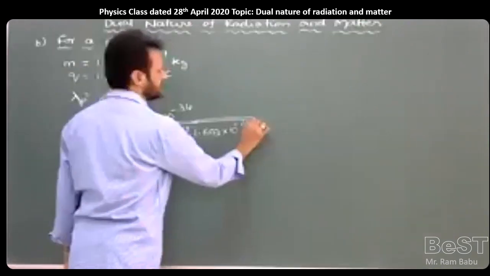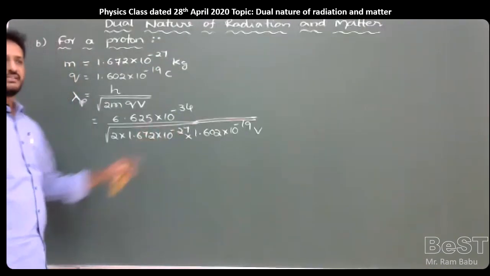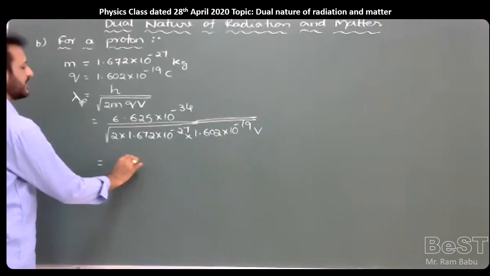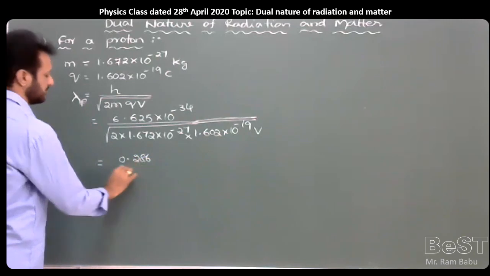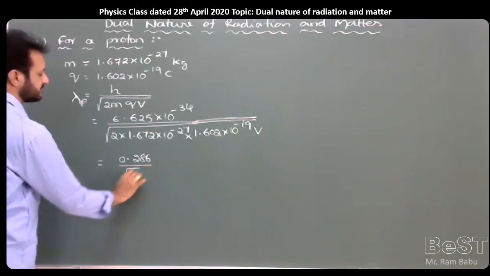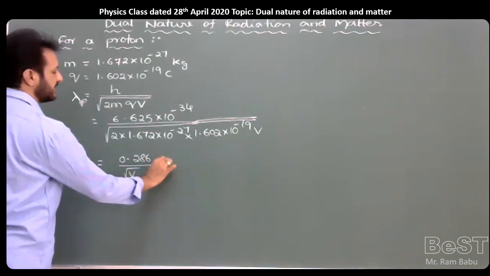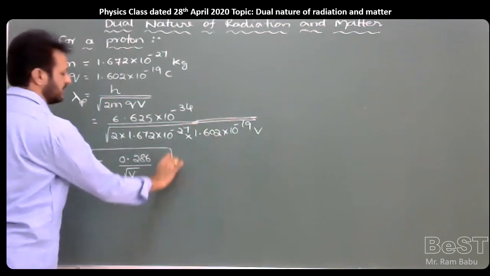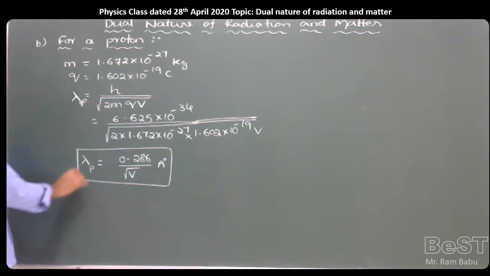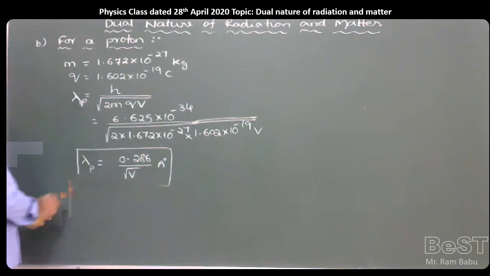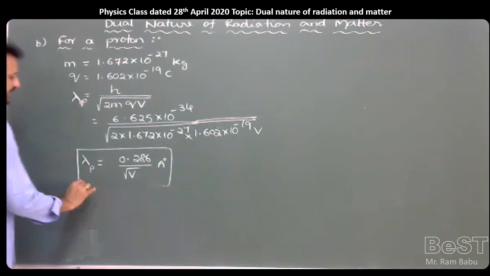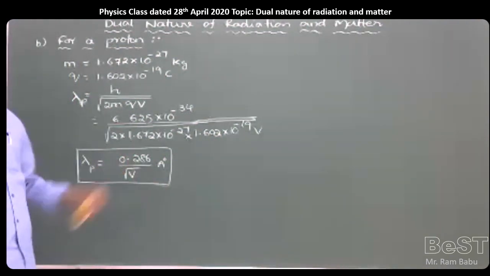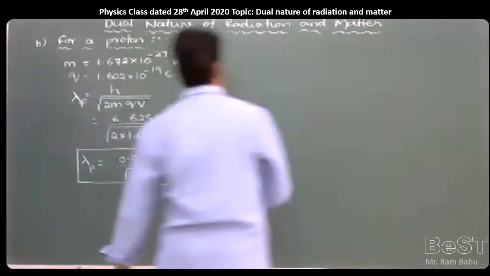By simplifying all these values, we get 0.286 by root V angstrom unit. So calculate the value later and note down this formula, where V is the potential difference and lambda is the de Broglie wavelength of the proton. It is a formula to find the de Broglie wavelength of the proton, only proton.